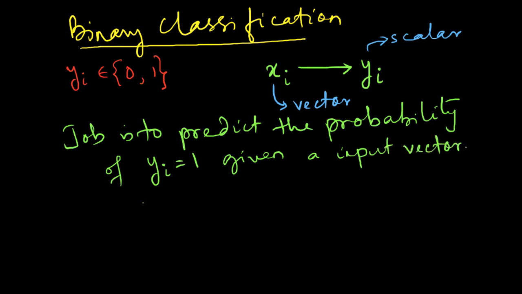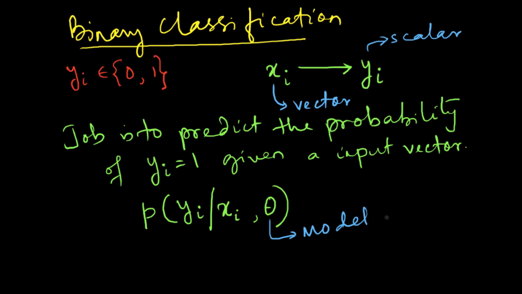So what we want to predict is the probability of yi given xi and the parameter values theta. So theta are the model parameter values. And the job of the machine learning algorithm is to learn these parameter values which lead to maximum classification accuracy.